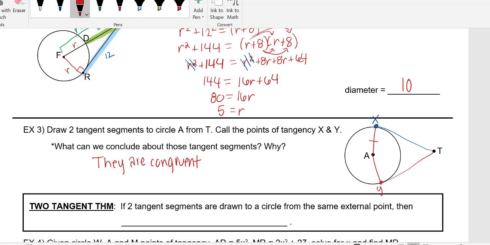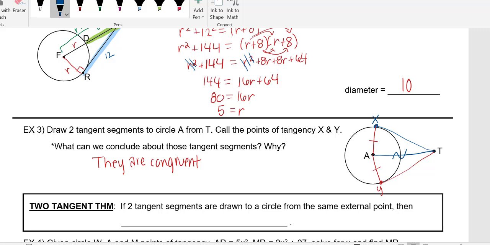So AX is congruent to AY. Cool. If we draw in this segment of AT, that is a segment that's in common between both triangles.